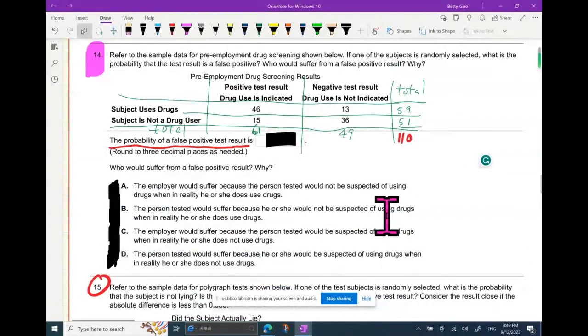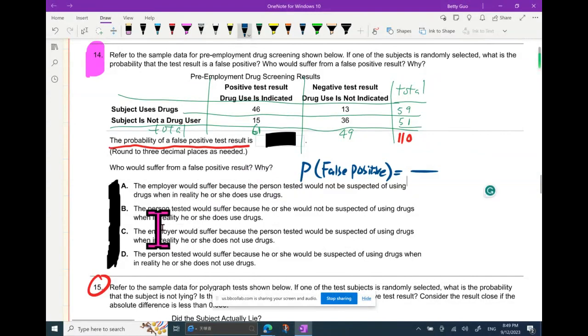And tell me, among the 110 people, how many of them are tested false positive? False positive means the person does not use drug, but the result is positive, right?